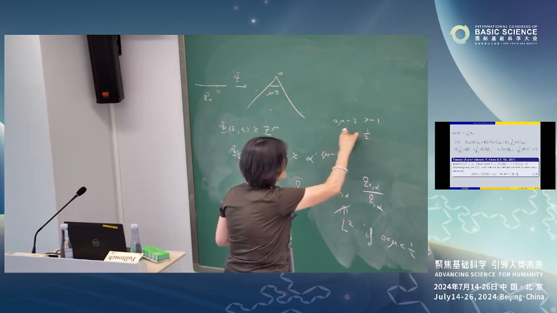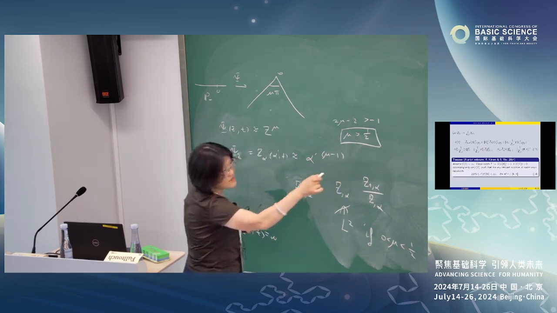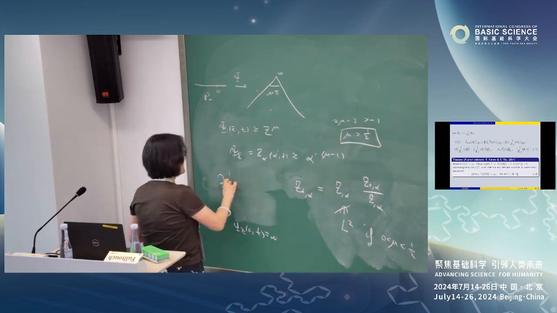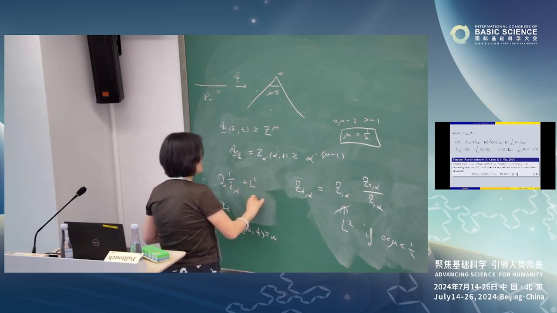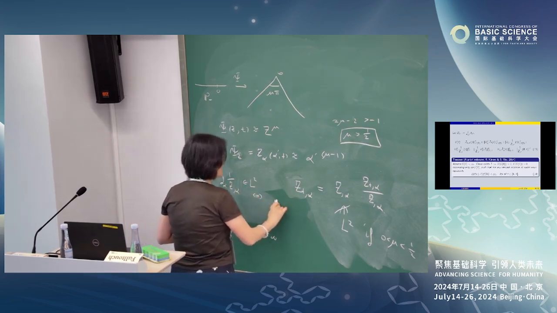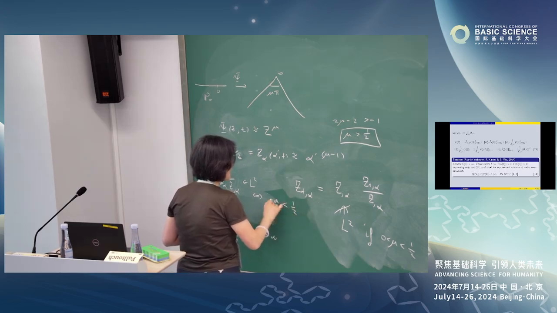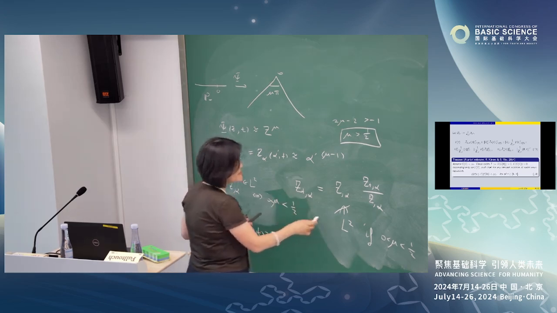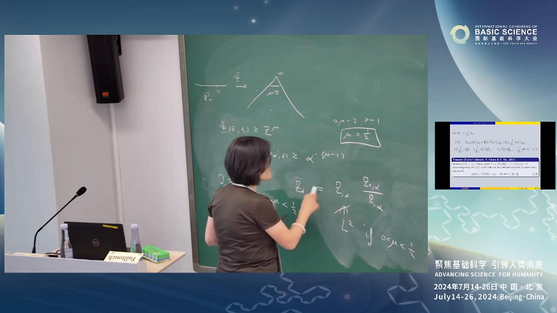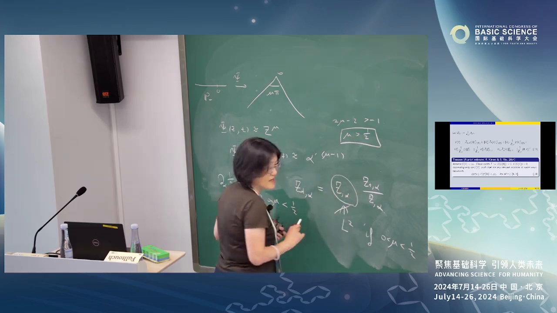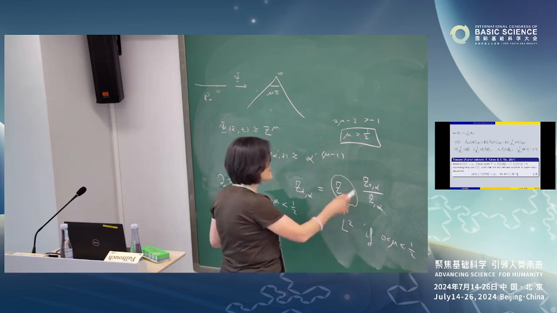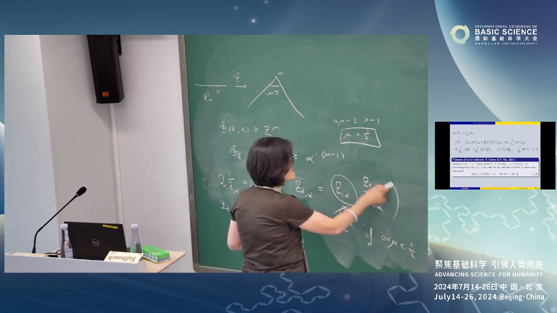But this contradicts the other one, right? So d alpha, 1 over Z_alpha in L2 means that mu has to be less than 1/2. But this requirement means that this guy cannot be in L2. So the only way this whole thing is in L2 is if this is 0, right?